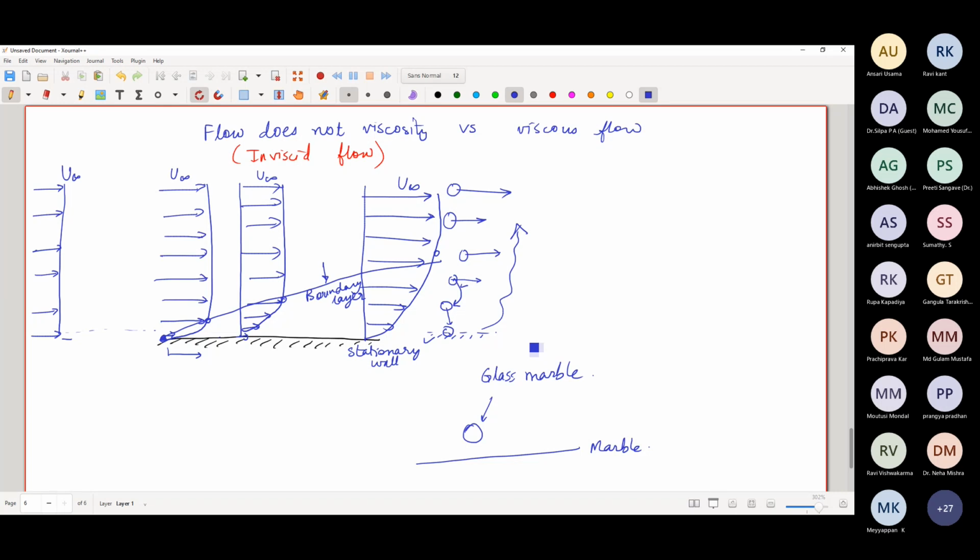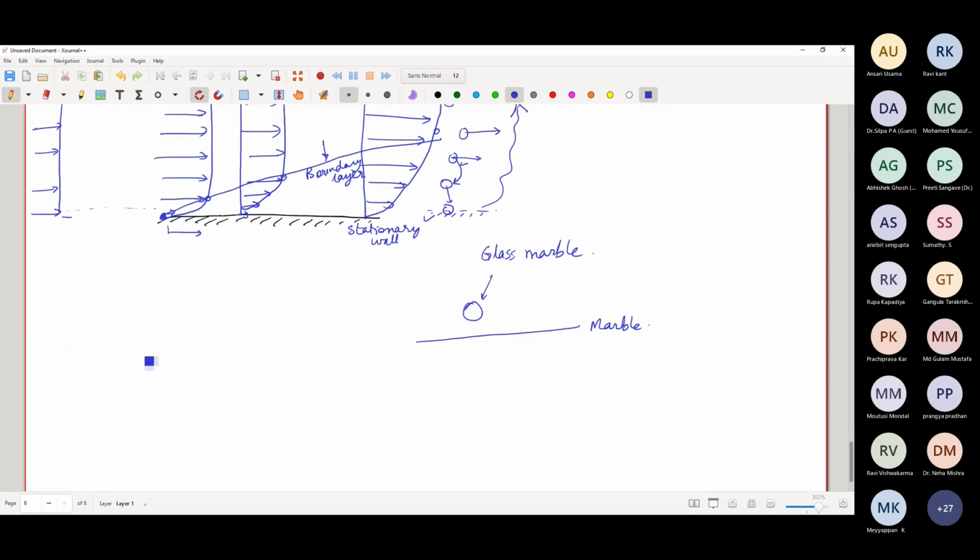So when you play kancha on a hard marble surface, you will see that if you give some momentum to the glass marble, it will keep on moving, right? It will not even look to stop anywhere. Have you experienced this?